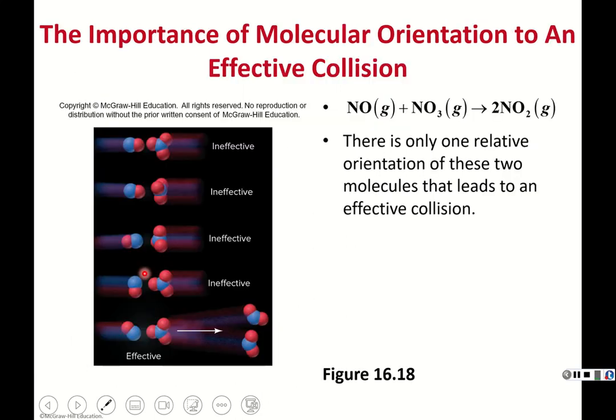Because sometimes, and this is an example, NO plus NO3, if they hit each other in the wrong orientation, no matter how hard or fast they're going, it's going to be ineffective, not yield a product, right? So they have to hit each other in the correct orientation for the reaction to occur. Probably not something we're going to really consider in this class, but just to be complete, we'll include that.